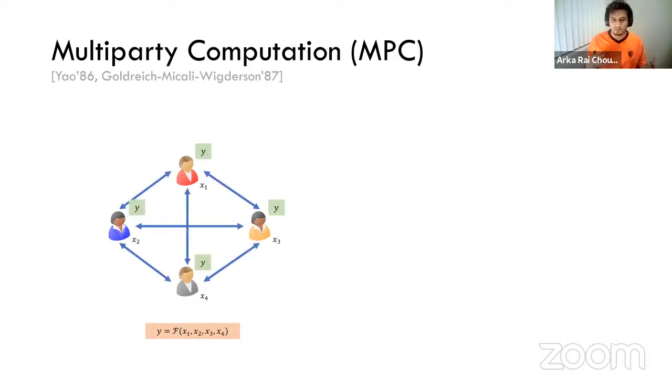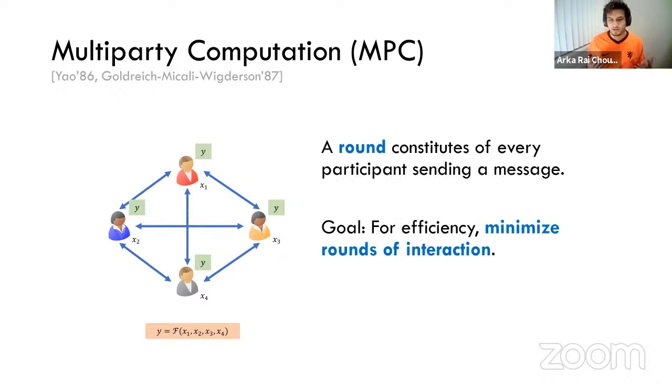They do so by running a protocol, which involves exchanging messages, at the end of which all of them have the output. One of the parameters that we care about in this work is the round of this protocol, which simply constitutes every participant sending a message. And for efficiency purposes, we want to minimize the number of rounds of interaction.